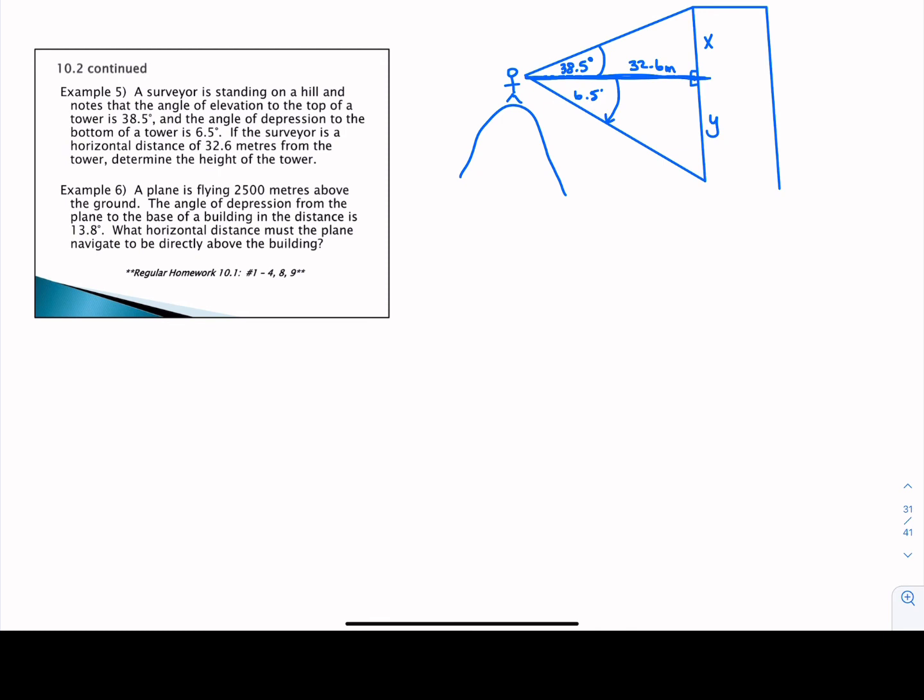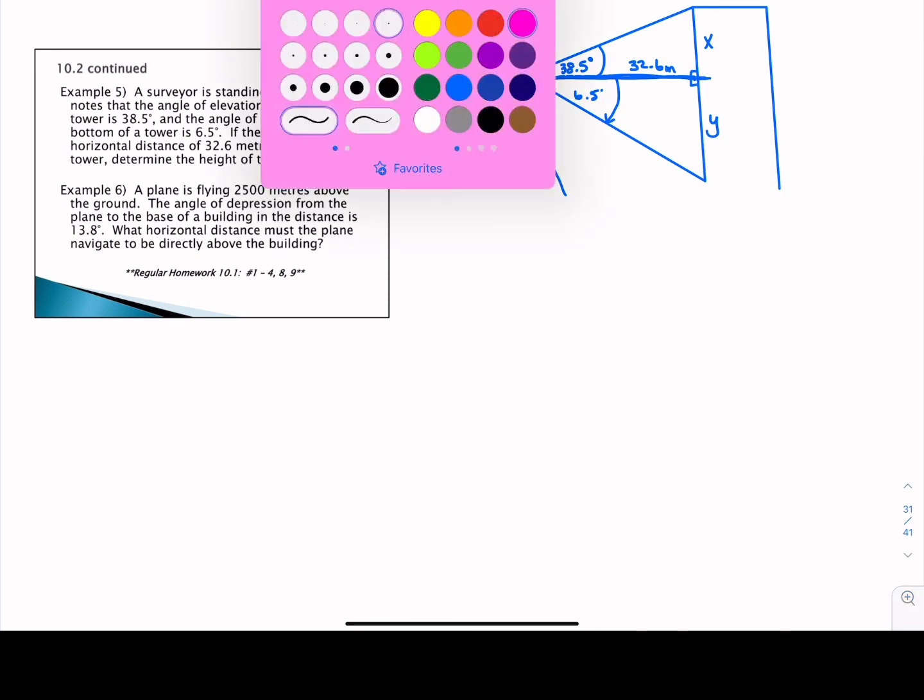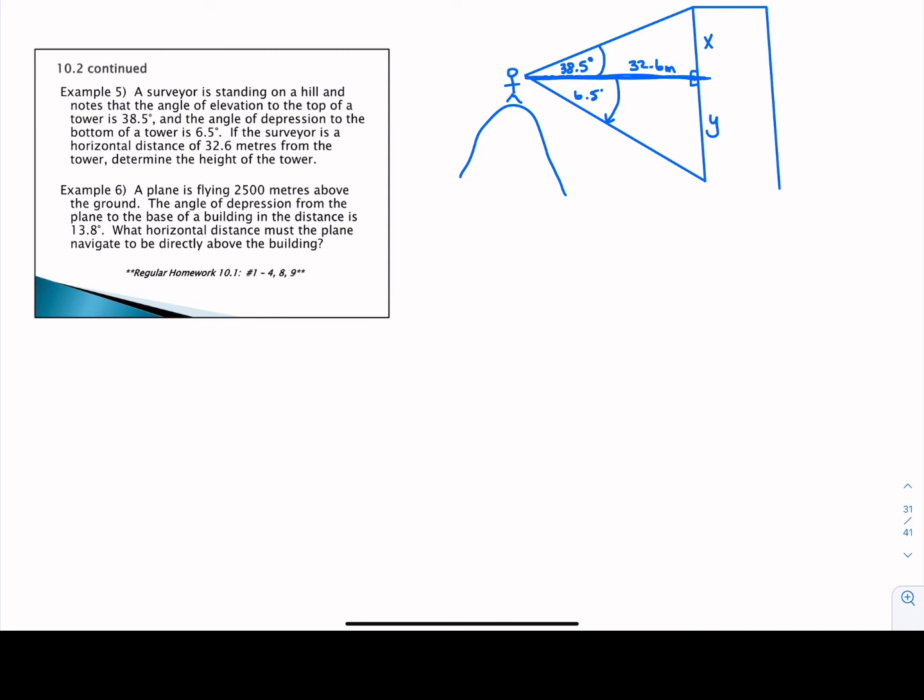So let's focus on X for a moment. If we want to focus on X and we use 38.5 degrees as our reference, X is going to be the opposite side, and 32.6 meters is going to be the adjacent side. So opposite and adjacent can be used with our tangent ratio.